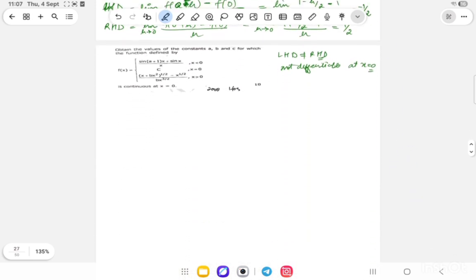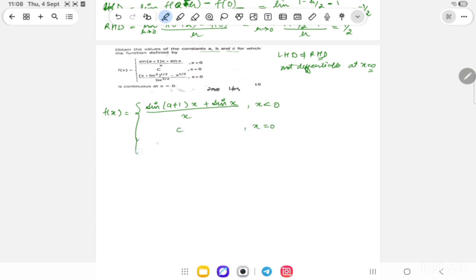The next question says: obtain the values of the constants a, b and c for which the function is defined as this. The function is sine of (a plus 1)x plus sine x upon x when x is less than 0, c when x is equal to 0, and (x plus b x square) raised to 1 by 2 minus x raised to 1 by 2, upon b x raised to 3 by 2, when x is greater than 0.